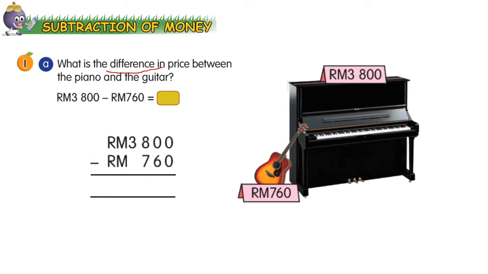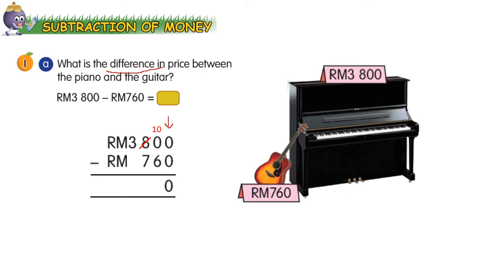So as usual, you have to use the standard method. Again, start from the value at the most right. So 0 minus 0, 0. 0 minus 6, 0 is smaller than 6. You have to do regrouping at the 100 place value like this. So borrow from 8.